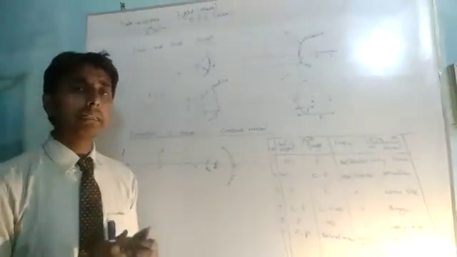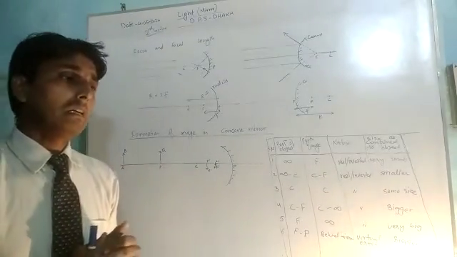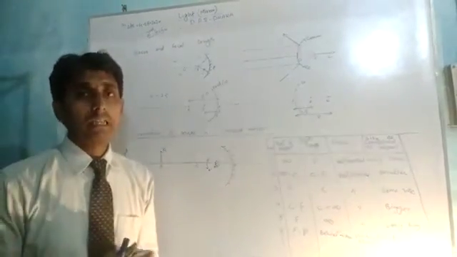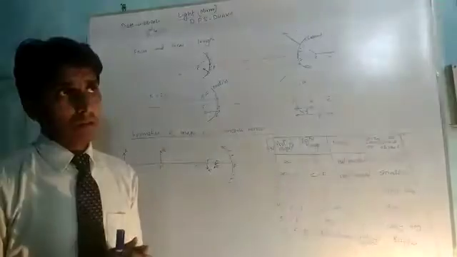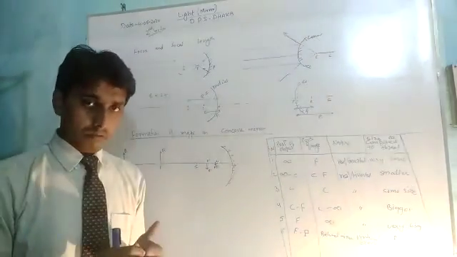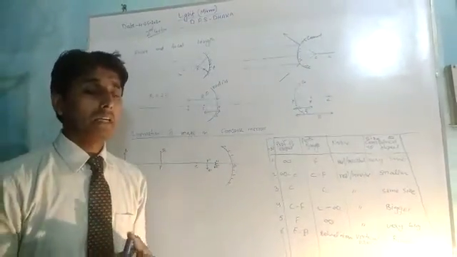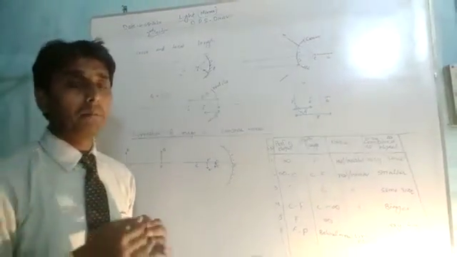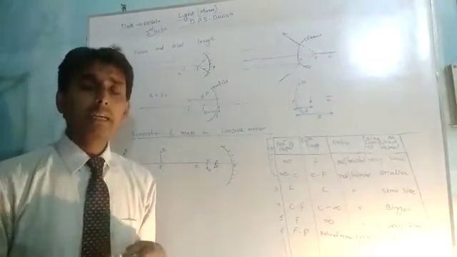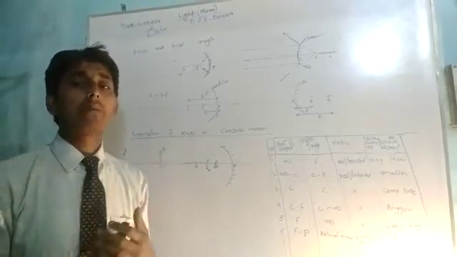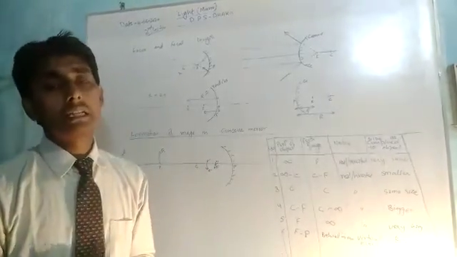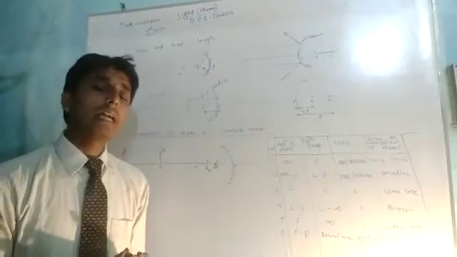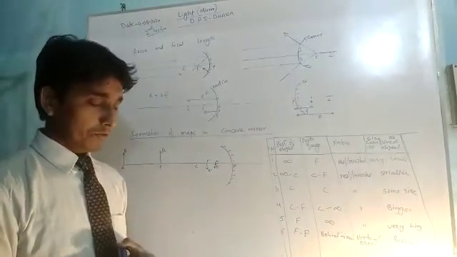The virtual image is the image which cannot be taken on a screen and which is formed by not actual meeting of the rays. You can see an example. You see your face in a plain mirror, but you cannot take the image of yours on any screen. So that type of image is a virtual image.